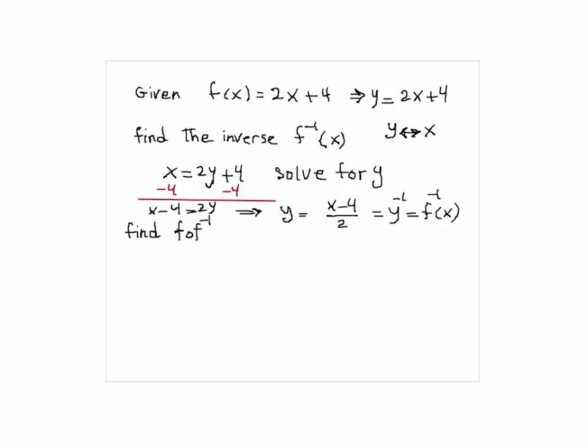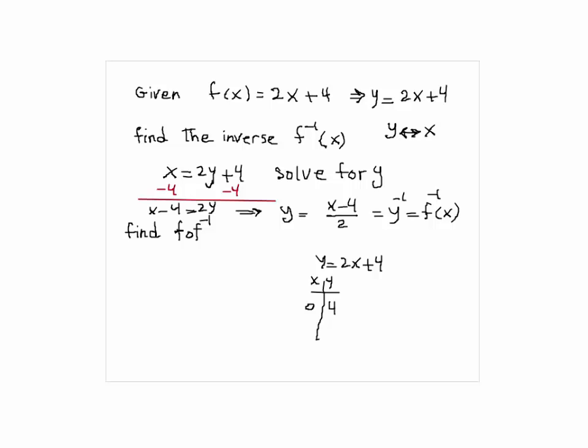If I have y is equal to 2x plus 4, if I find a couple of numbers here, if x is equal to 0, what is y? Anyone? 4. Okay.